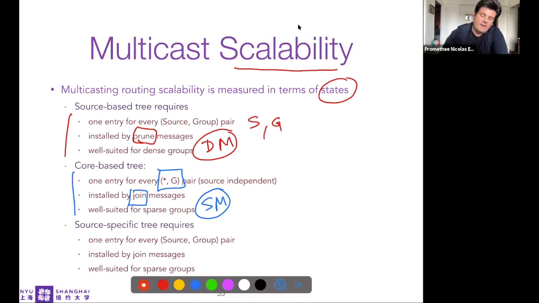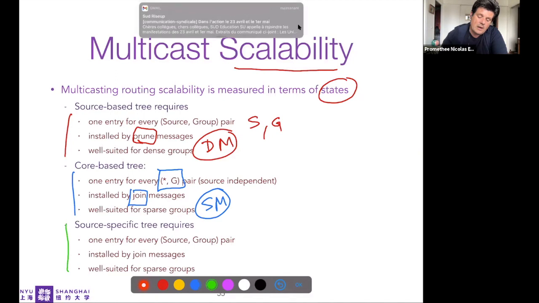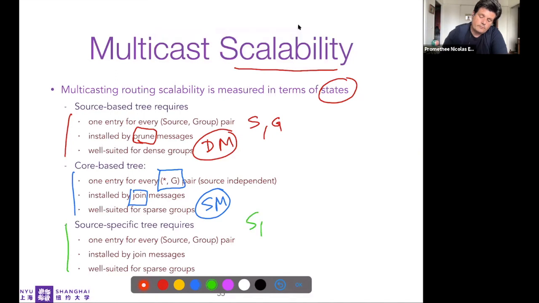And lately we have this third solution here, which is the SSM, the source-specific multicast. So here we still have (S,G), and we have many states, but once again, it is a join that is going to install them. So still, this is suitable for the SM.